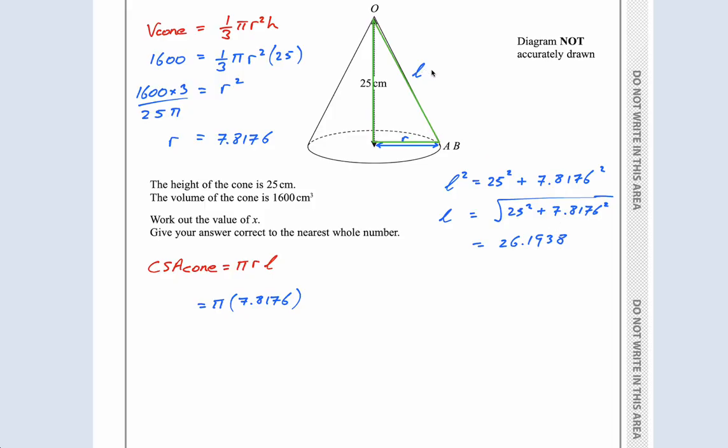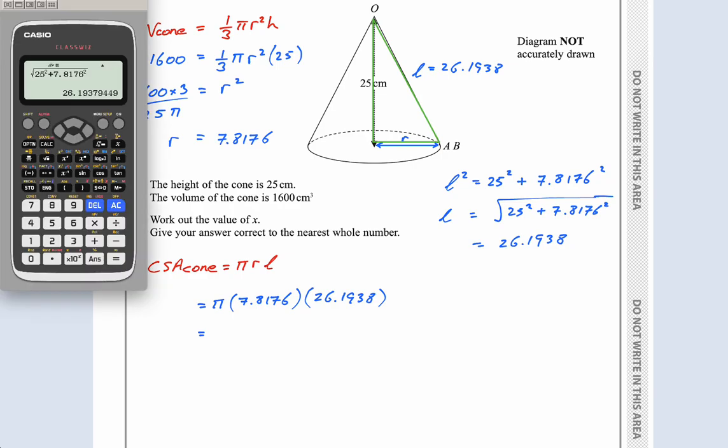Okay, that's this value here, 26.1938. Now, I can use that in our curved surface area. So it's pi times radius times L, which is 26.1938. This is the curved surface area.